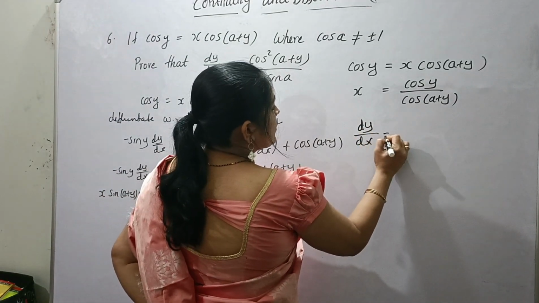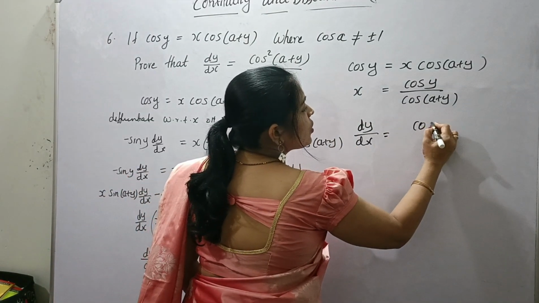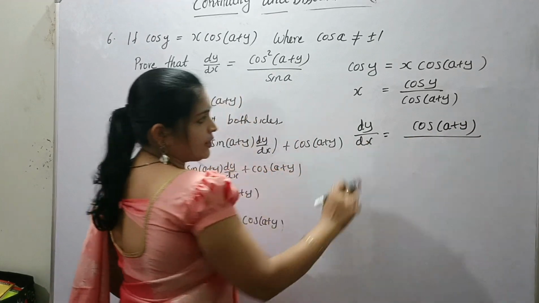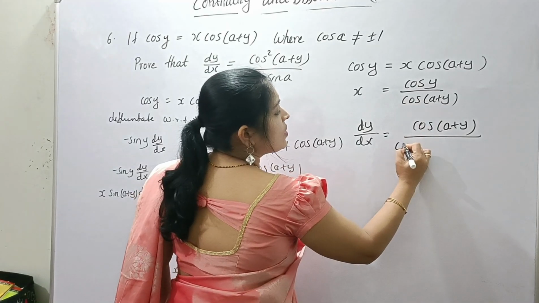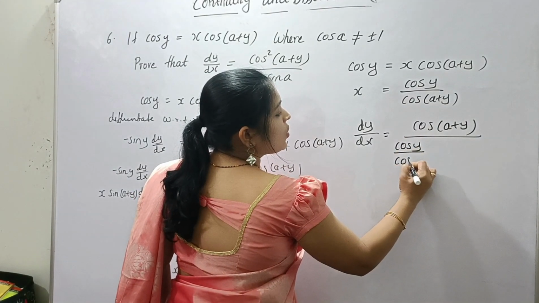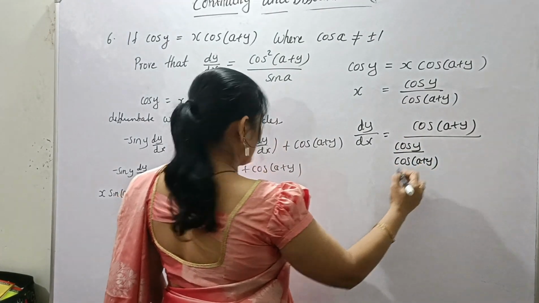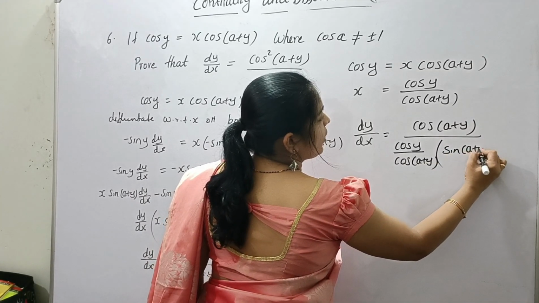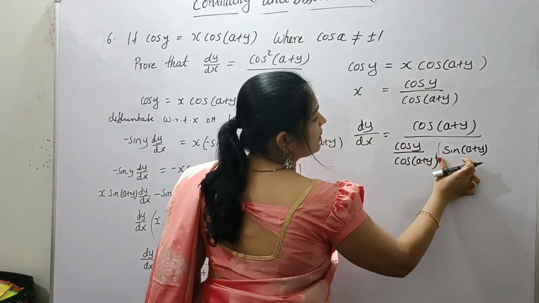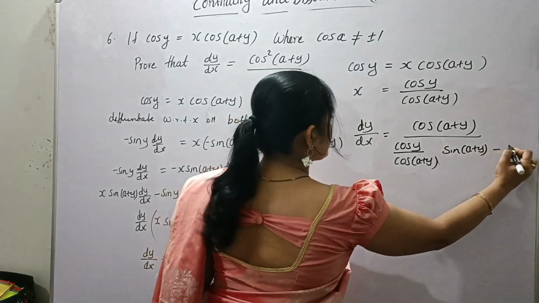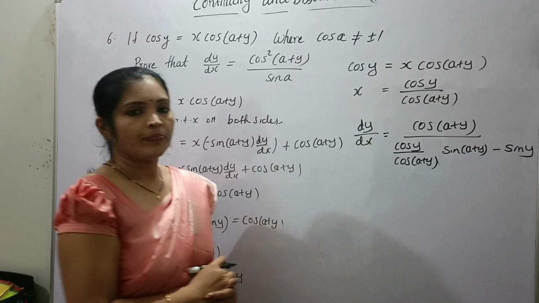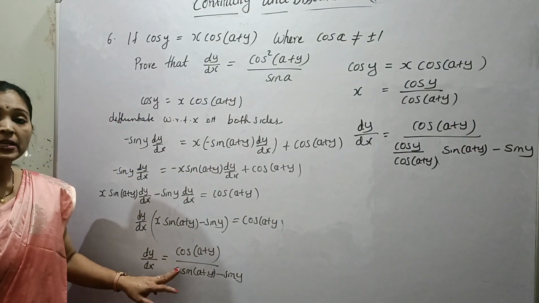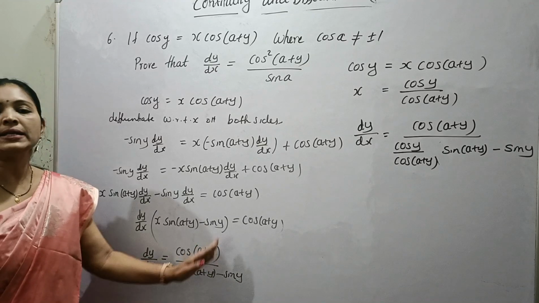Therefore dy by dx is equal to numerator cos of a plus y divided by x into sin of a plus y minus sin y, where x is nothing but cos y divided by cos of a plus y.